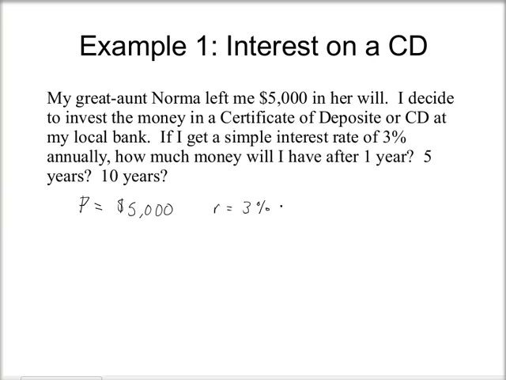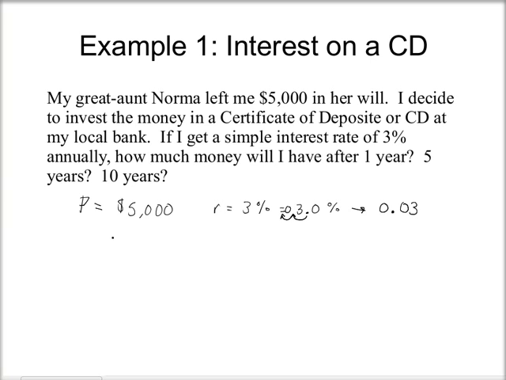So to make that into a decimal, this is the same as 3.0%, and I want to move the decimal place 2 places to the left, so 1 and then 2, so I need to put an extra 0 in front, and that's going to give me 0.03 as the decimal form of 3%.